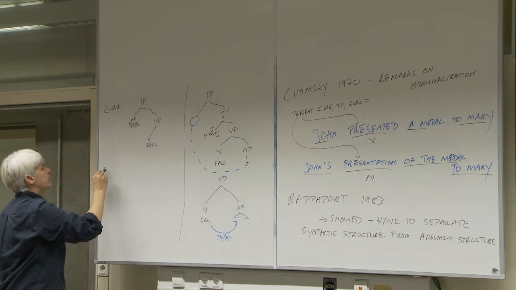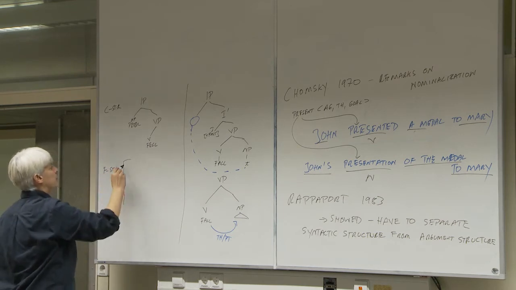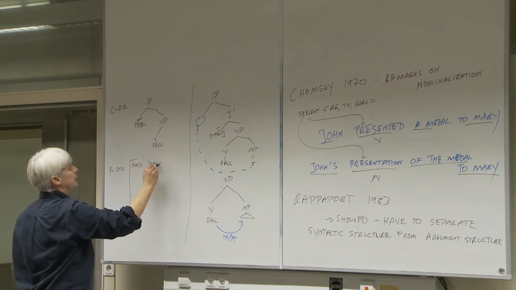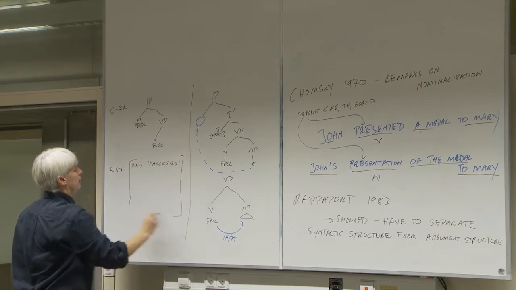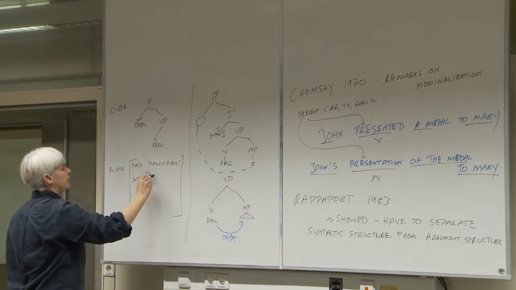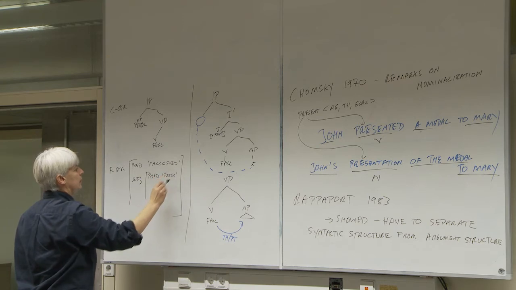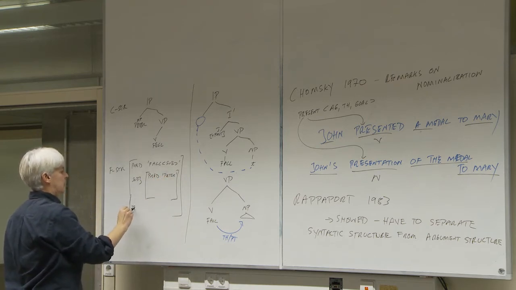And we have the F structure. We would have a main predicate, fall, subject, and the subject is Peter. Tense is past.